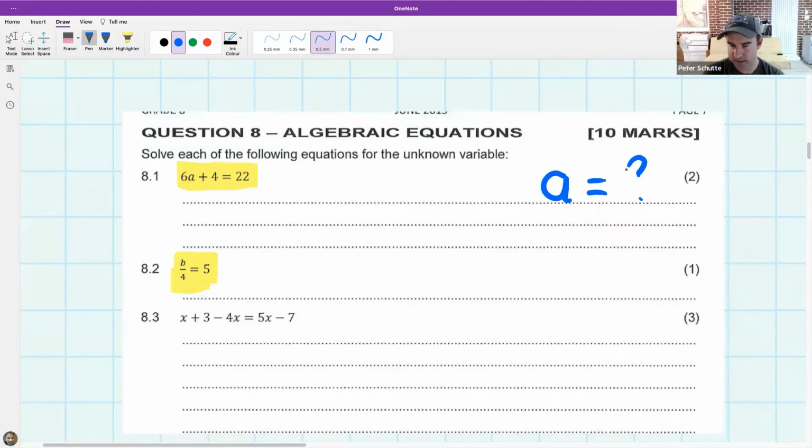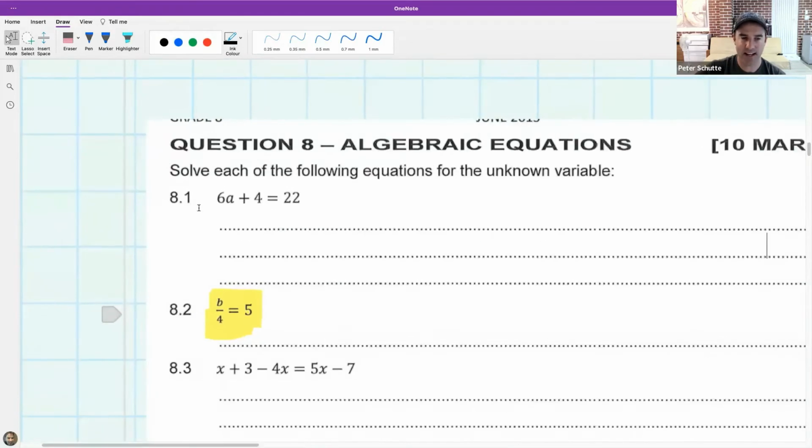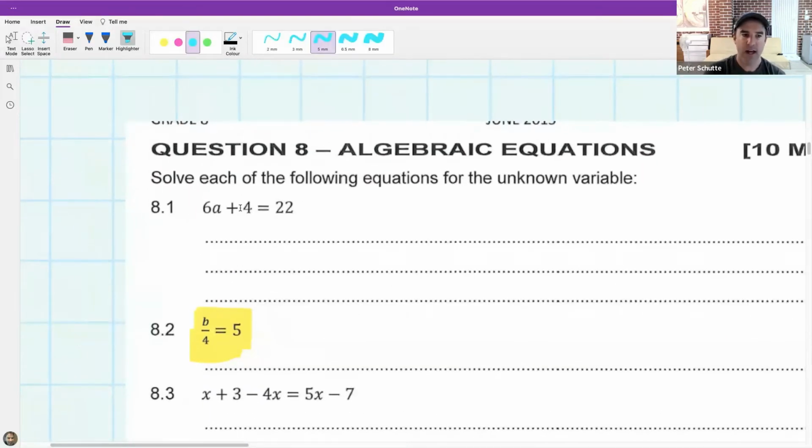And that something, if we get it correct, will make this equation true. So that's the question. Now, what I'm going to encourage you to do is use a strategy that you've learned earlier in the lesson, which says, in order to solve this equation, I need to isolate the variable. And in order to get it by itself, I need to spend some time thinking about this plus 4.